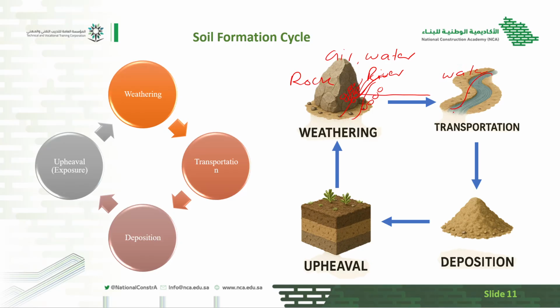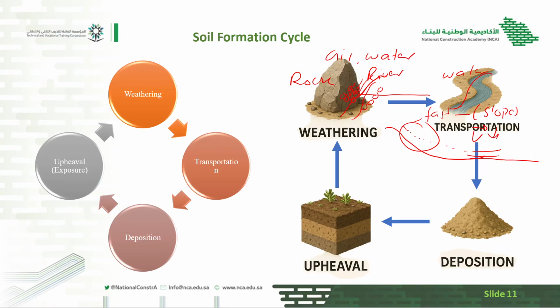When it is transported by the water, for example, this is the water. Water moves here at this portion very fast because there is a slope. So the velocity of water is more. Now here you can see, for example, the slope is less. When the slope is less, the velocity is also less, or the speed of the water is less.